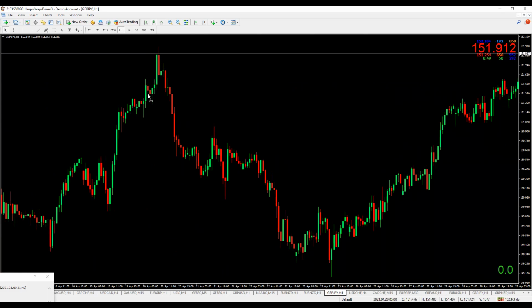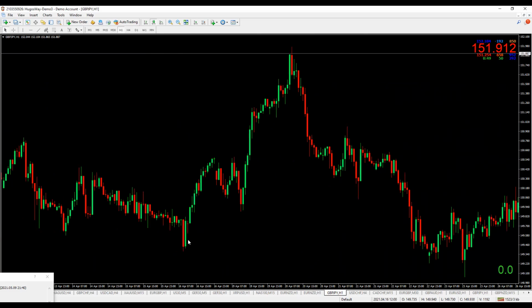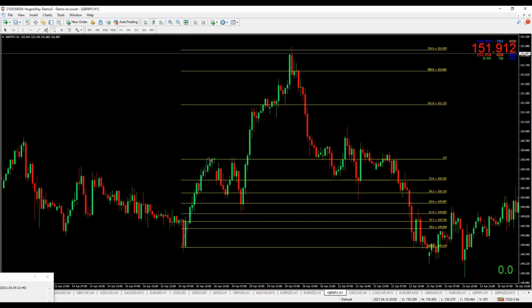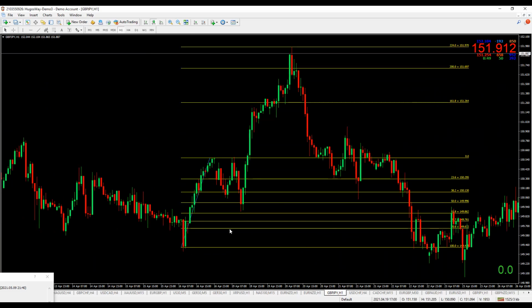When we draw the Fibonacci, for instance, let's draw it from here to here. Notice that on this occasion, this is the starting point, and that's the ending point. We drew it from here to here. The starting point would always be 100.